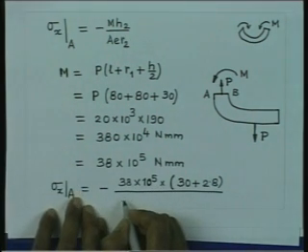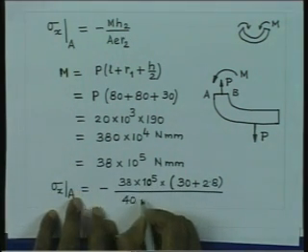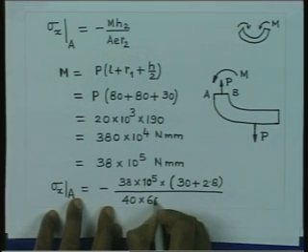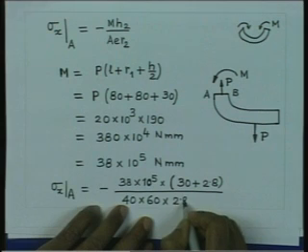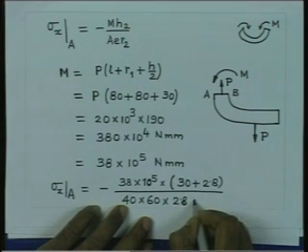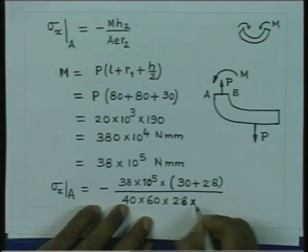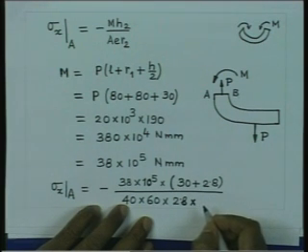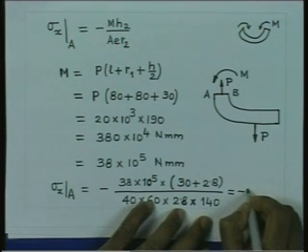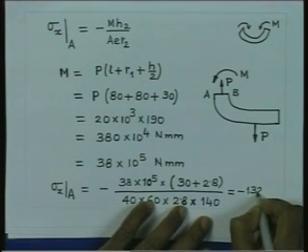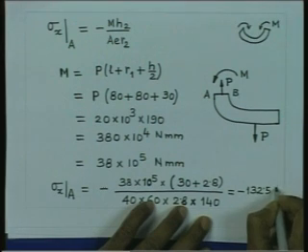Area is 40 into 60, eccentricity is 2.8, and R2 is going to be 80 plus 60, 140. So if we simplify this, it gives us 132.5 Newton per millimeter square.